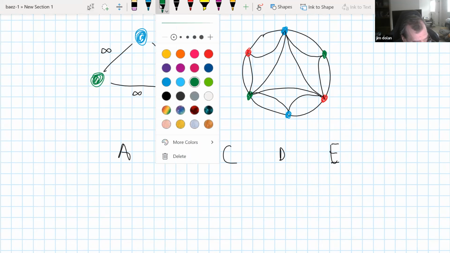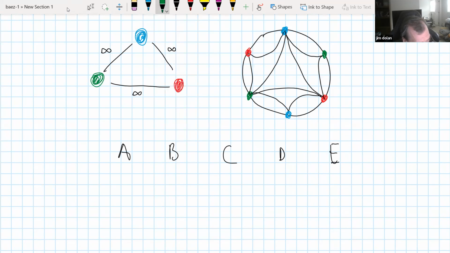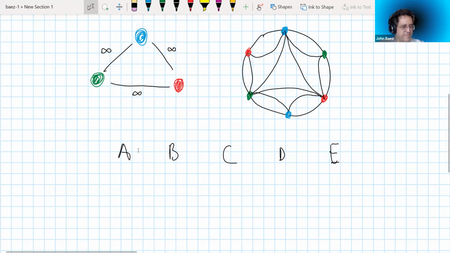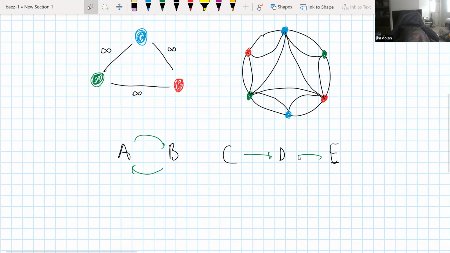I'll call them the green permutation and the red permutation. So the green one will just go something like that, and like that, and like that. And the red one is much messier in the picture.